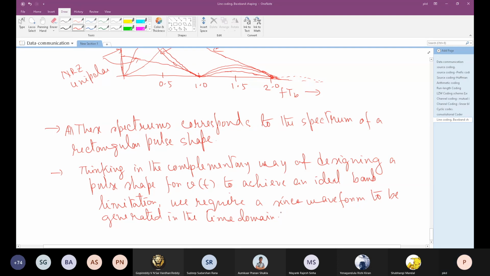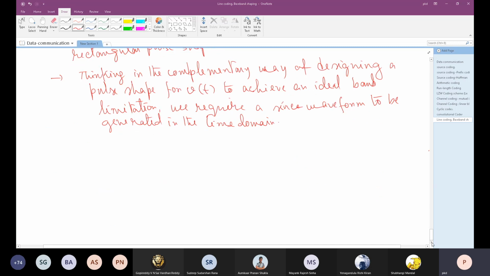Now, to generate a sinc waveform like pulse, the frequency response of that filter has to be like an ideal rectangle, which again cannot be designed with physical components. So therefore some trade-offs need to be made. So this is the idea of reducing intersymbol interference through VT.